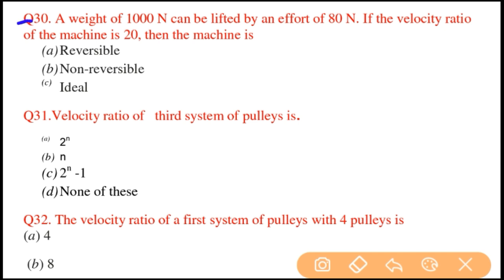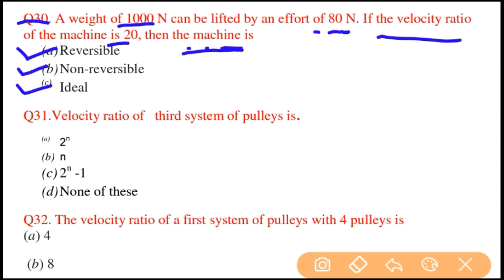In the next question, a weight of 1000 Newton can be lifted by an effort of 80 Newton. If the velocity ratio of the machine is 20, then whether the machine is a reversible machine, a non-reversible machine, or an ideal machine. For that, we have to calculate the efficiency so that we can find whether this is a reversible machine or not.